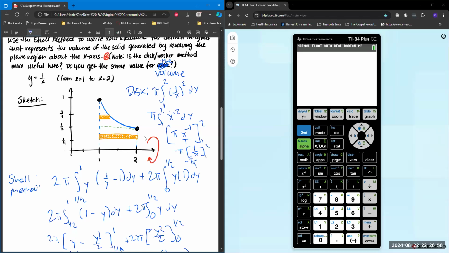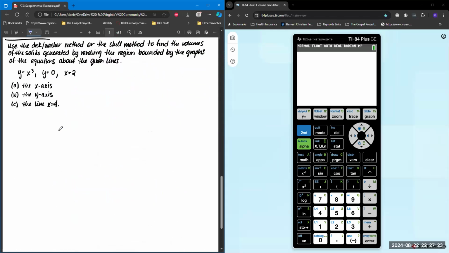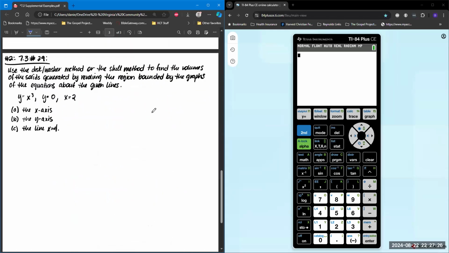Negative pi times 1/2 minus 1 is negative 1/2, which is pi over 2. And again, this is units cubed. So we get the same answer both ways. I think that the disk method, the washer method, was extremely easy there.